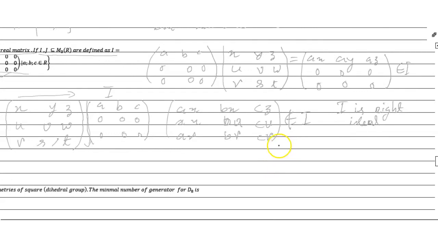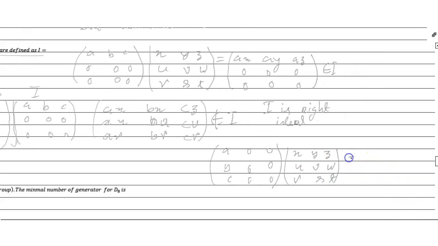So J is A, B, C, 0, 0, 0, 0, 0, 0 multiplied with X, Y, Z, U, V, W, R, S, T. Then whatever I get, friends, I get this value: AX, AY, AZ, BX, BY, just multiply this way, this is the multiplication method.